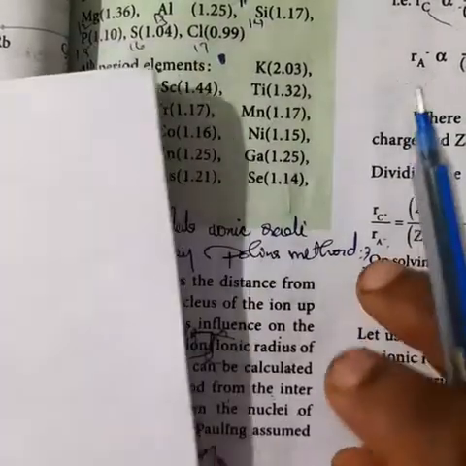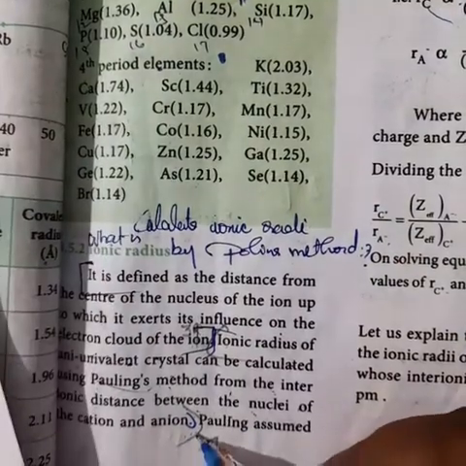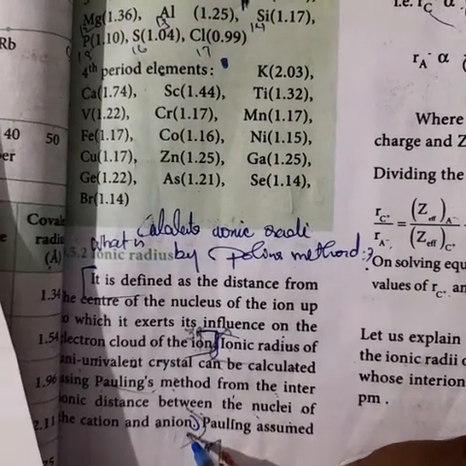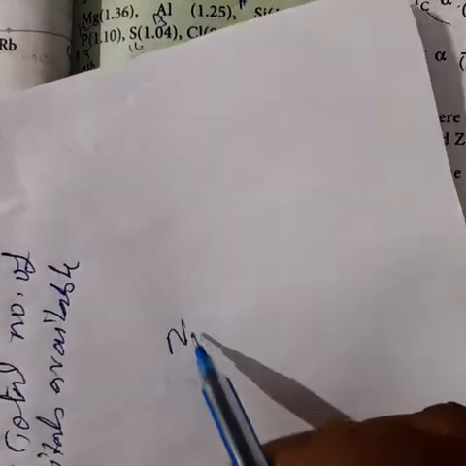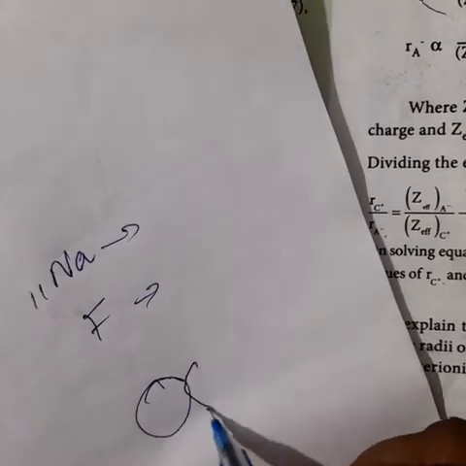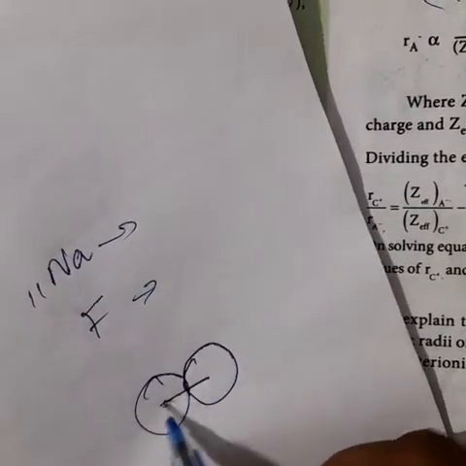So the ionic radius of a univalent crystal can be calculated using Pauling's method from the inter-ionic distance between the nuclei of the cation and the anion. For example, sodium fluoride. We can calculate it by the internuclear distance between the cation and the anion.